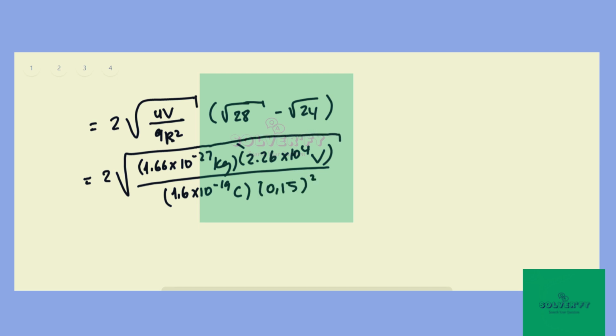These are all under the square root. And then we have the square root of 28 minus the square root of 24. So then when we calculate everything, we're going to find that separation to be 8 times 10 to the power of negative 2 meters, which corresponds to 8 centimeters, which is quite distinguishable.